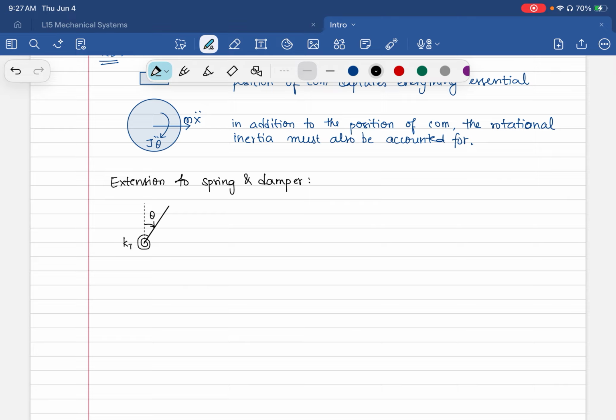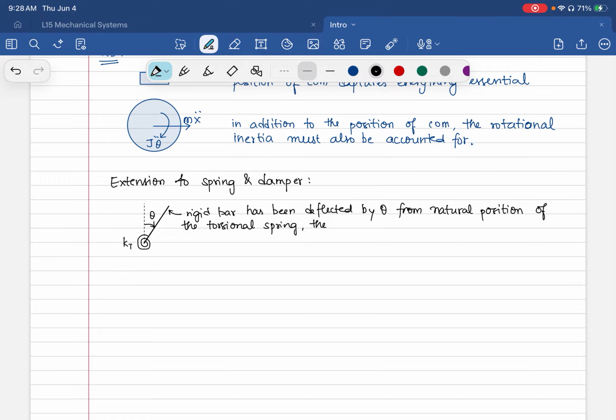So if this here is a rigid bar and it has been deflected by theta from the undeflected or the natural position of the torsional spring, then the torsional spring will create a restoring torque.